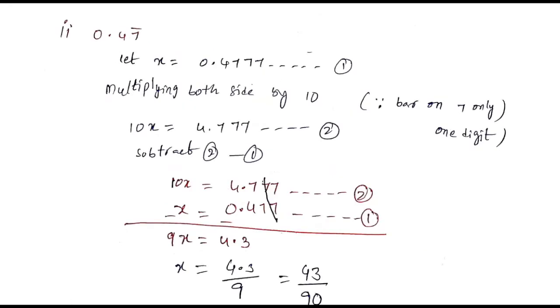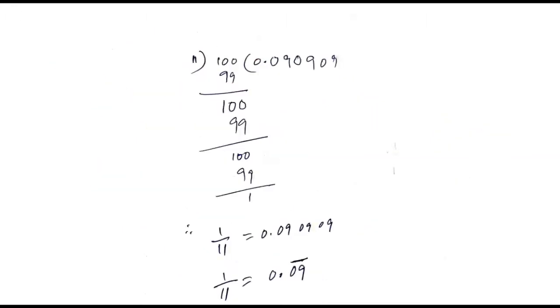One sum. Take this one, children. 0.47, only 7 bar. Sir, 1 by 999.